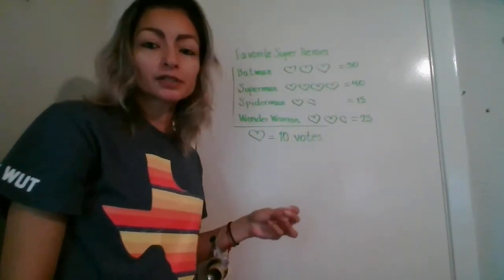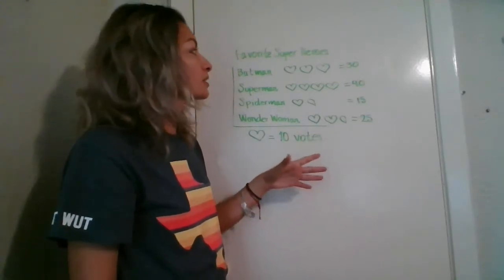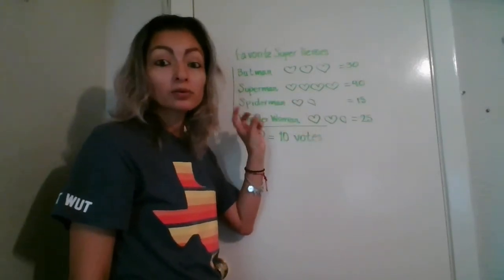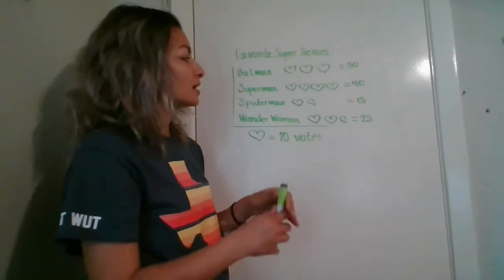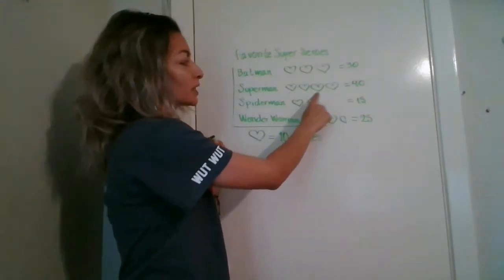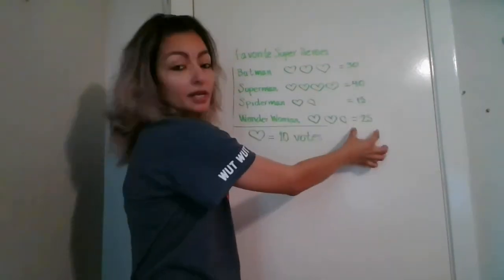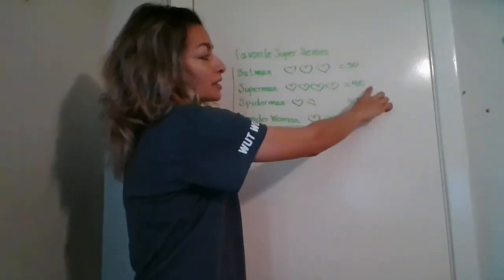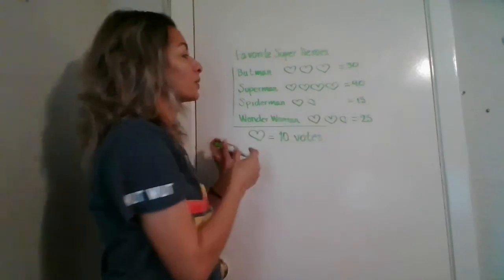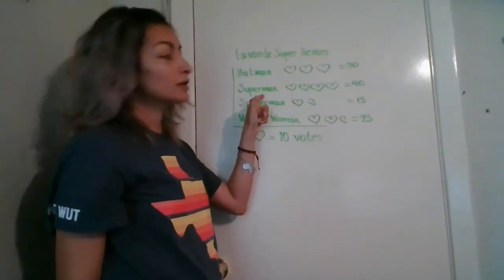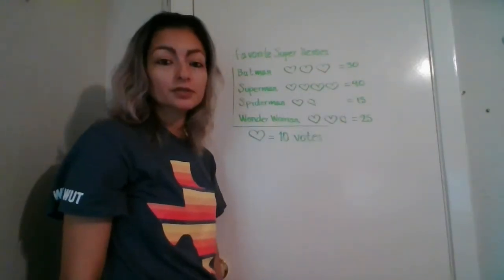If I was to answer some questions such as who had the most votes out of all this, I can easily answer that just by looking at the pictures, or I can do that by looking at these numbers and picking the highest number. The one with the most votes is Superman with 40 votes.